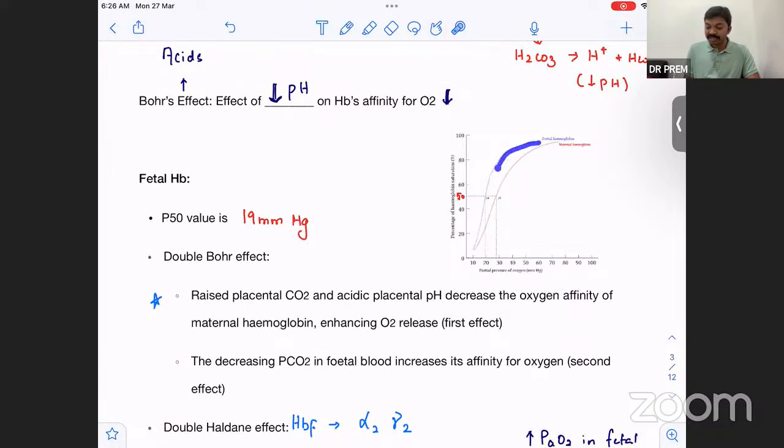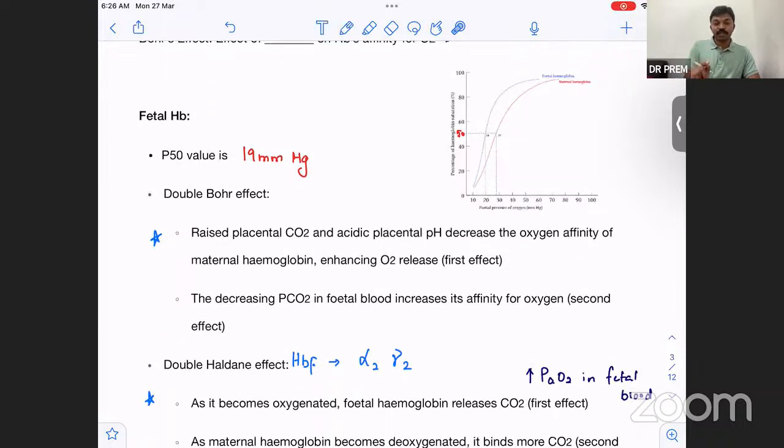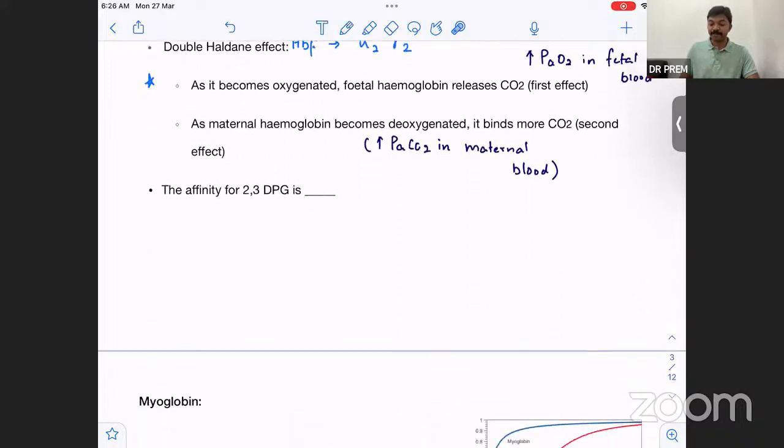Even though it is a left shifted curve, it's not going to be wildly shifted. The P50 value is going to be 19 millimeters of mercury. I want you to put your focus on that one parameter. All right, guys. So your choice of option is going to be based on the P50 value for different kinds of hemoglobin, even though they all shift the curve towards the left.